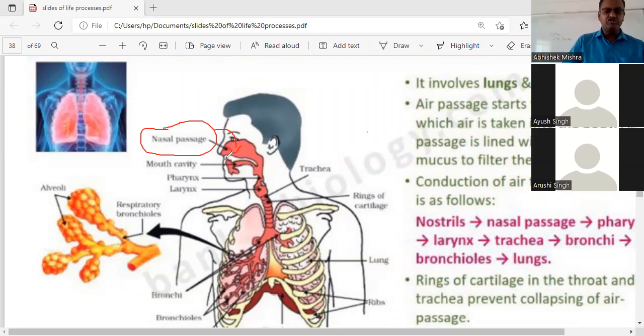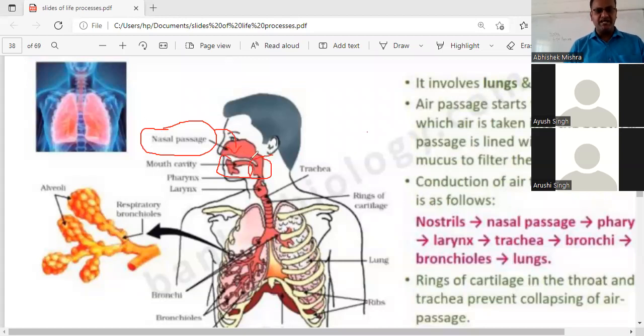Though the mouth cavity is not a part of the human respiratory system, I will still tell you that this mouth cavity and this nasal passage become common after some time. That is why sometimes if anything from our nasal passage, if we try with force to engulf it, then the material comes into our mouth also.